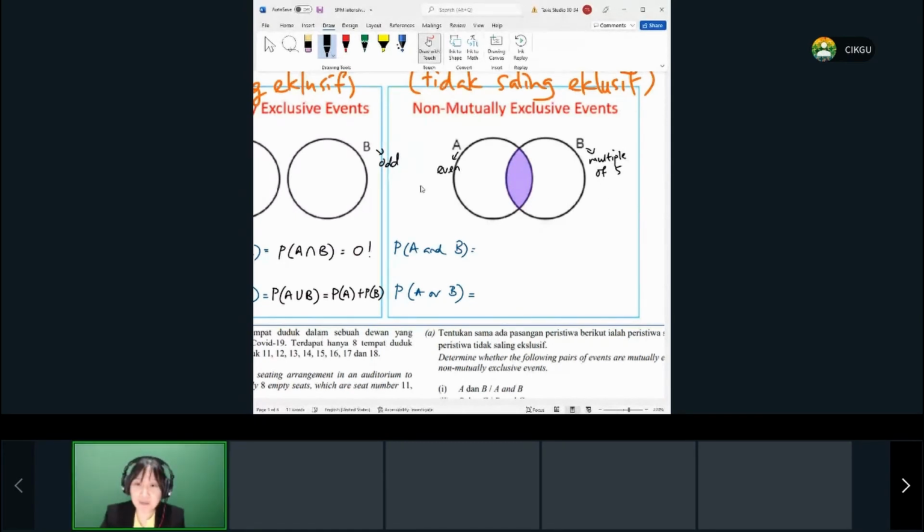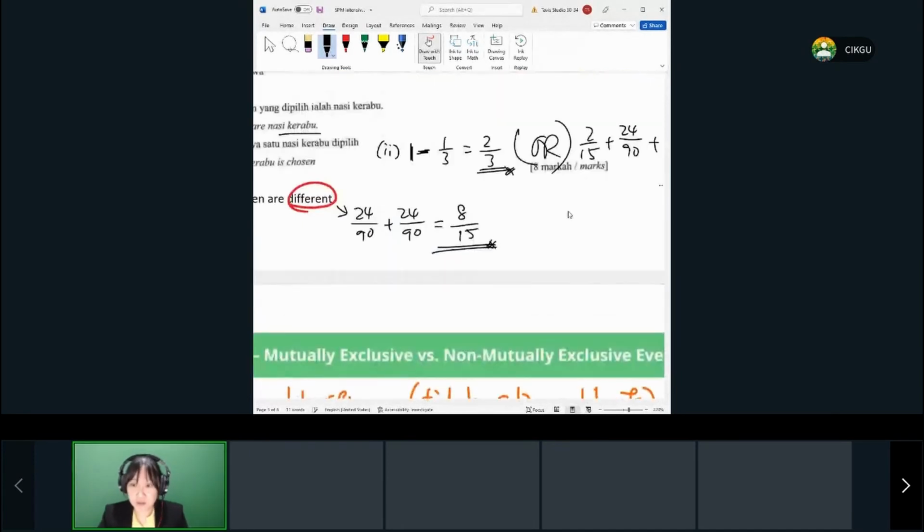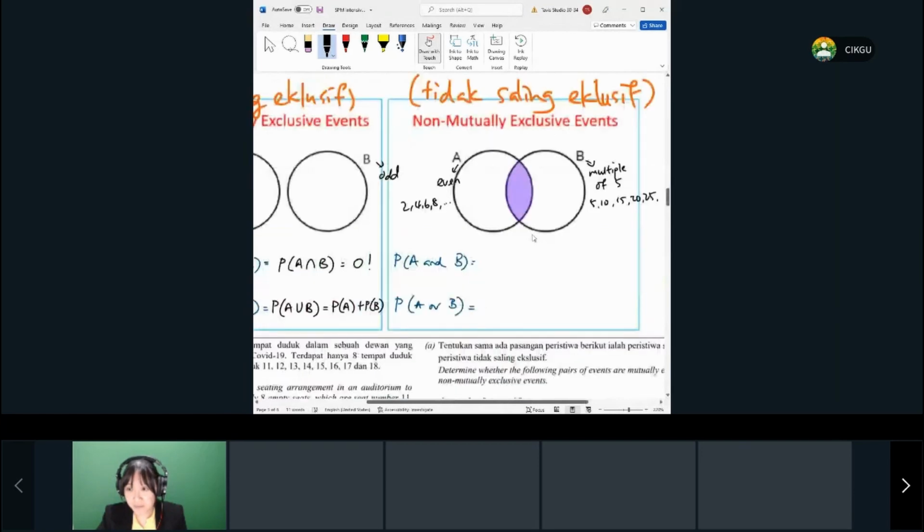So even numbers are 2, 4, 6, 8, 10, all of them, right? What are the multiples of 5? 5, 10, 15, 20, 25, and so on.